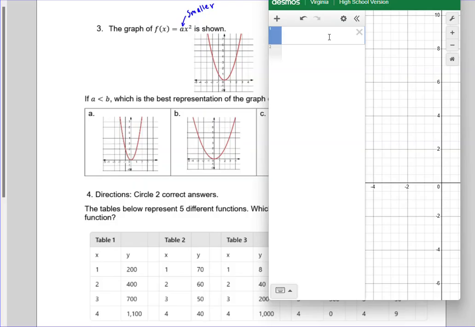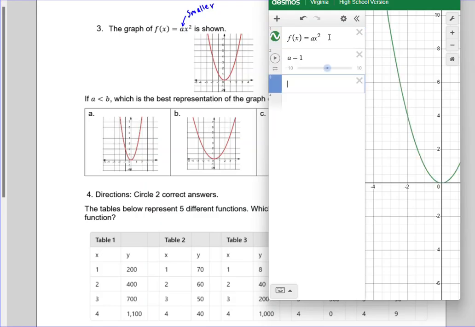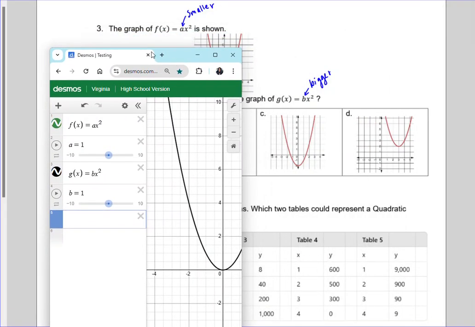So I have f of x equals ax squared, and then I have g of x equals bx squared. Okay, so remember that I said that a is a smaller number, so I'll just pick some number. I'll keep it at 1, or I'll keep it at 2.